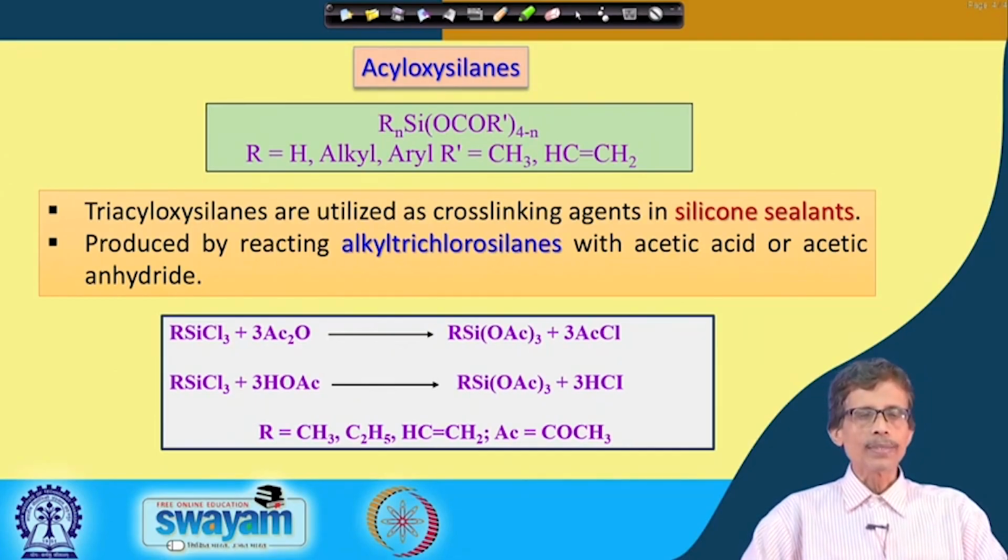So, in both the two cases, what we get is the corresponding one where you have 4 minus n value equal to 3, that means n value equal to 1, that means R will be only 1. So, one alkyl group will be attached to the silicon center, and silicon will have 4 bonds, which is a tetrahedral center.